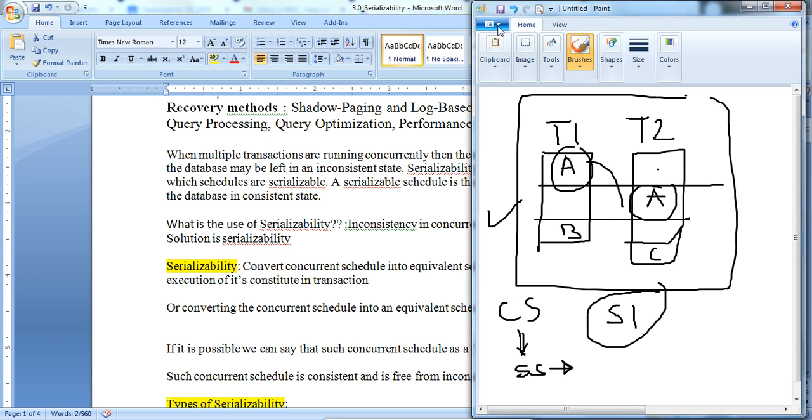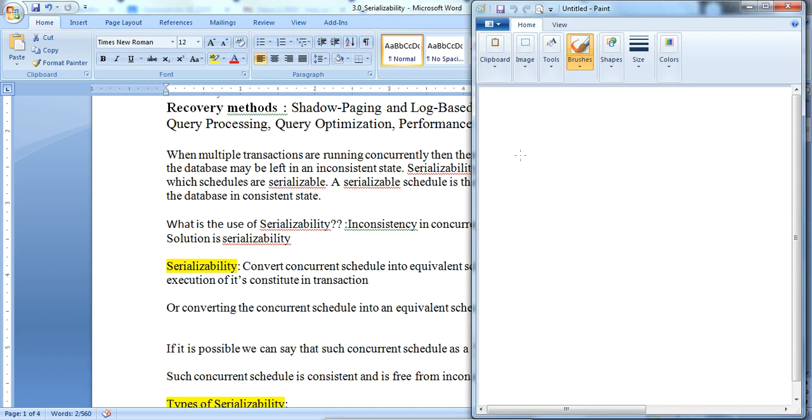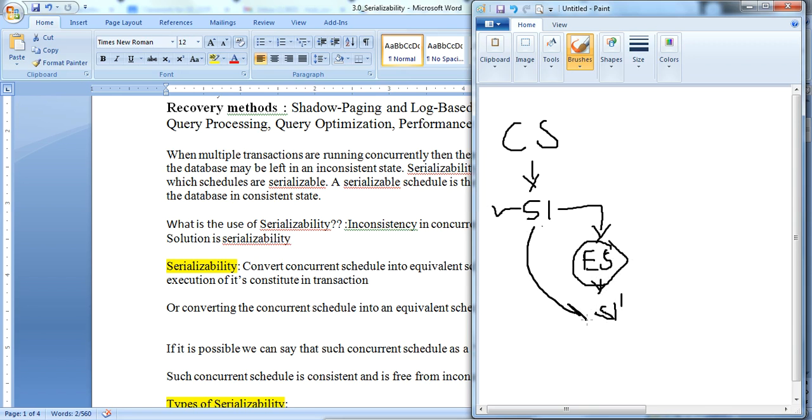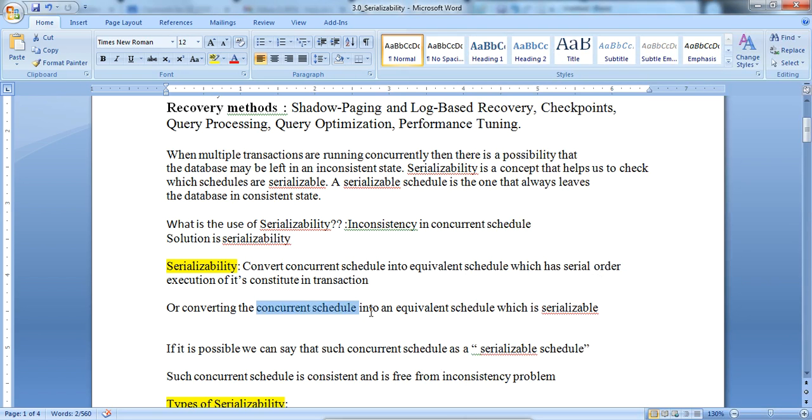For example, say this is the concurrent schedule, schedule S1. Now we convert S1 into an equivalent schedule, S1 dash, which is a serializable schedule.